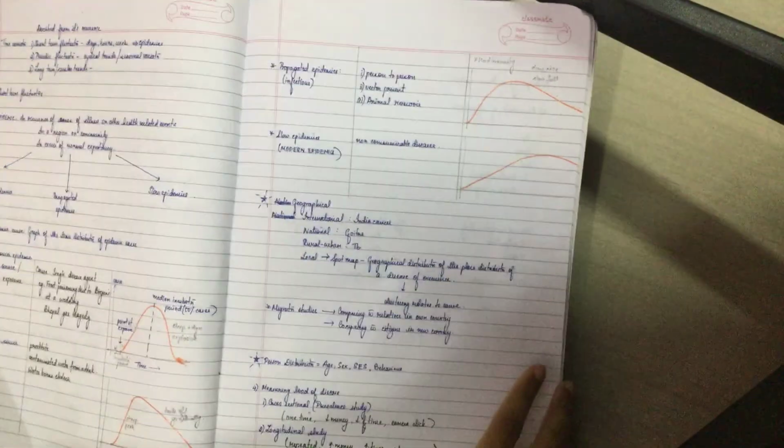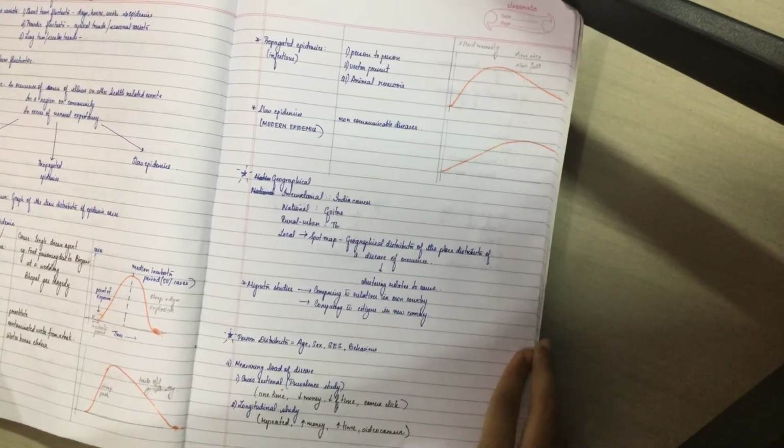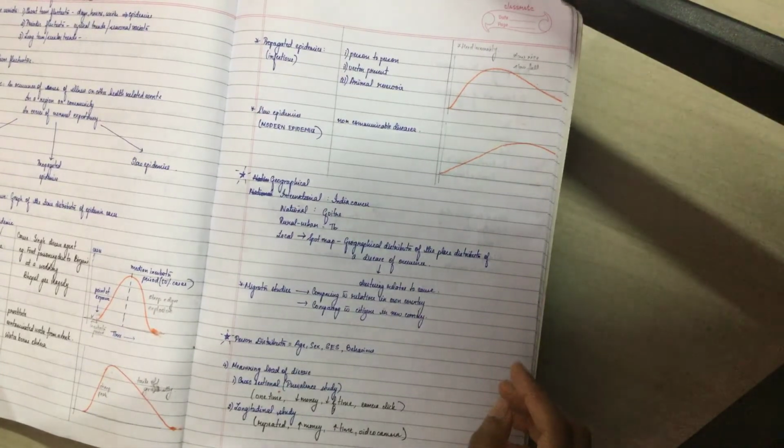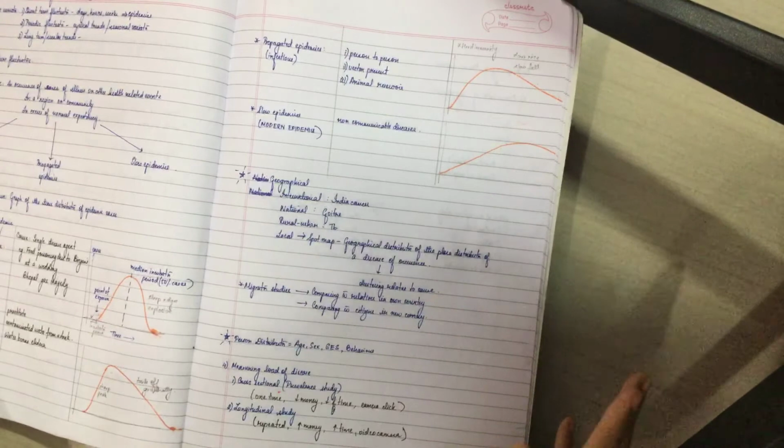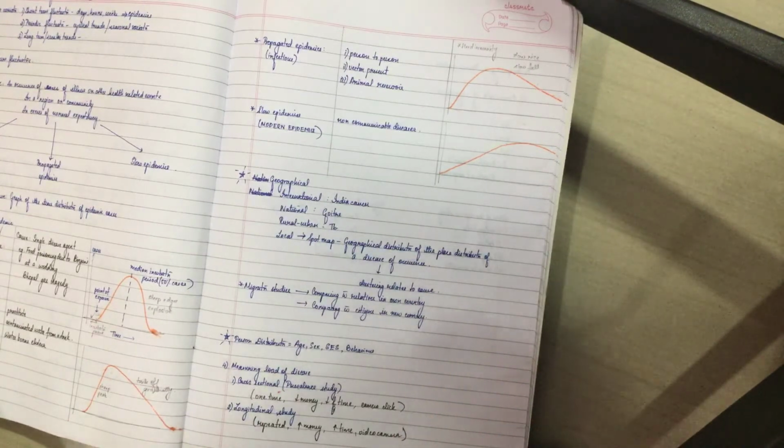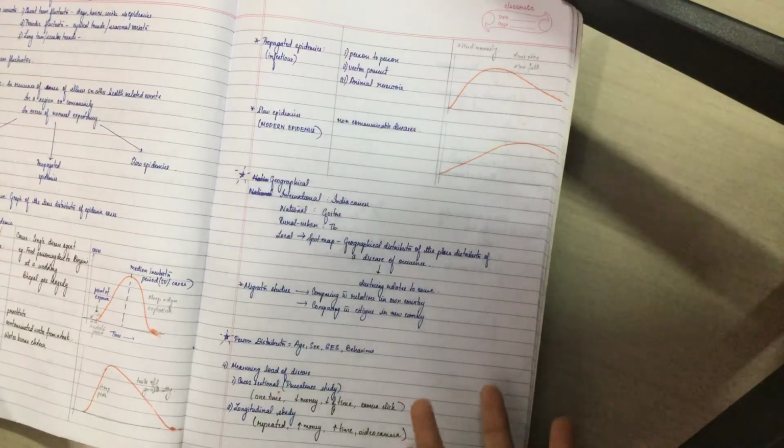Let's go to propagated epidemic next. A propagated epidemic is almost always related to infectious diseases, where there's person-to-person transmission, there's a vector present, or there's an animal reservoir.